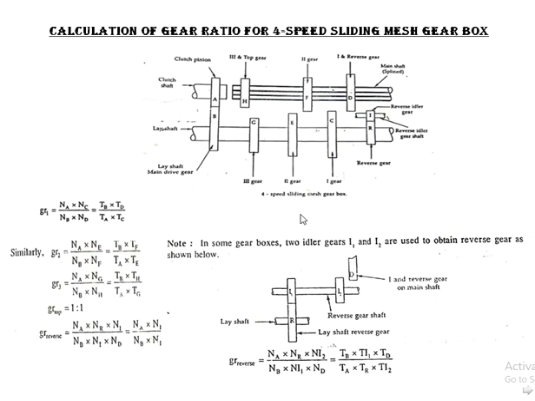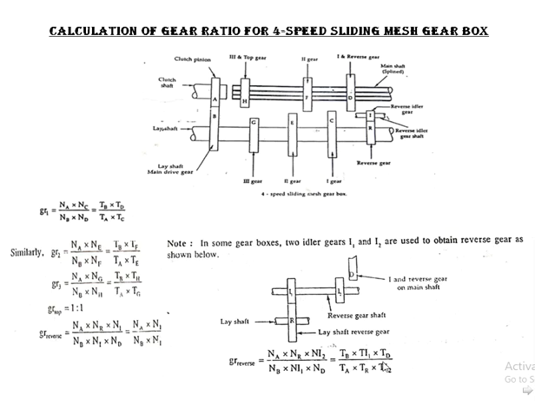Another case: in some gearboxes, two idler gears I1 and I2 are used to obtain reverse gear, as shown below here. So instead of using one idler gear, they are using two. At that time the gear ratio is Na by Nb, which is fixed, and next Nr divided by idler 1, into idler 2 divided by Nd here.